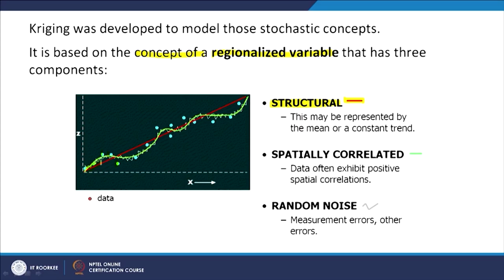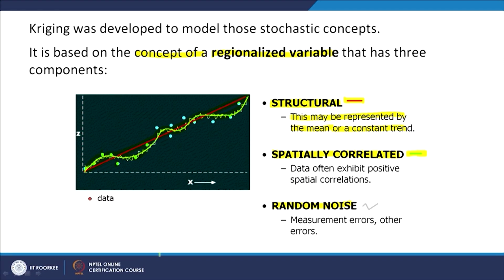This is the structural component of the kriging surface, which is completely a straight line, or you can say linear. It may be represented by a mean or a constant trend. The spatially correlated component is represented in this diagram as a thick green line. And the third one is the random noise.